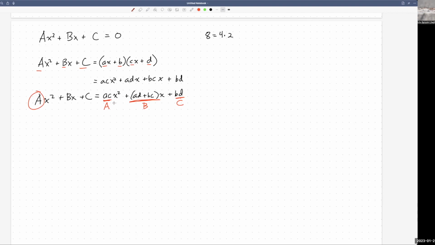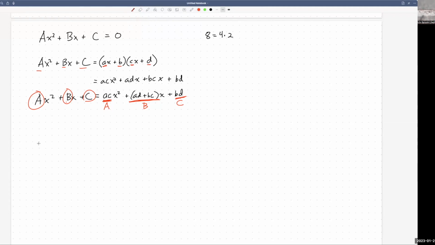The coefficient of x squared on the left has to be the same as the coefficient of x squared on the right. The coefficient of x on the left has to be the same as the coefficient of x on the right. The constant term on the left has to be the same as the constant term on the right. And this is what gives us our map for telling us, remember, we have to choose lowercase a, b, c, and d. So how do we figure out how to choose them?